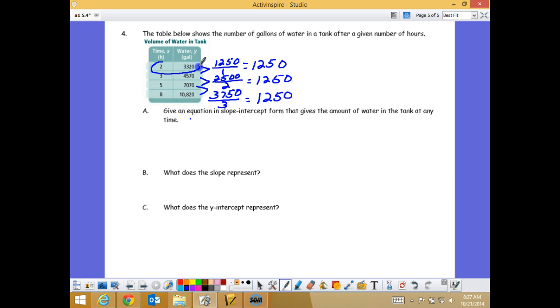Once again, I'm going to write this in point-slope form. I'm going to choose the point with the smallest numbers. So we have y minus 3320 is equal to 1,250 times x minus 2. We're going to start solving this for y by distributing the 1,250.